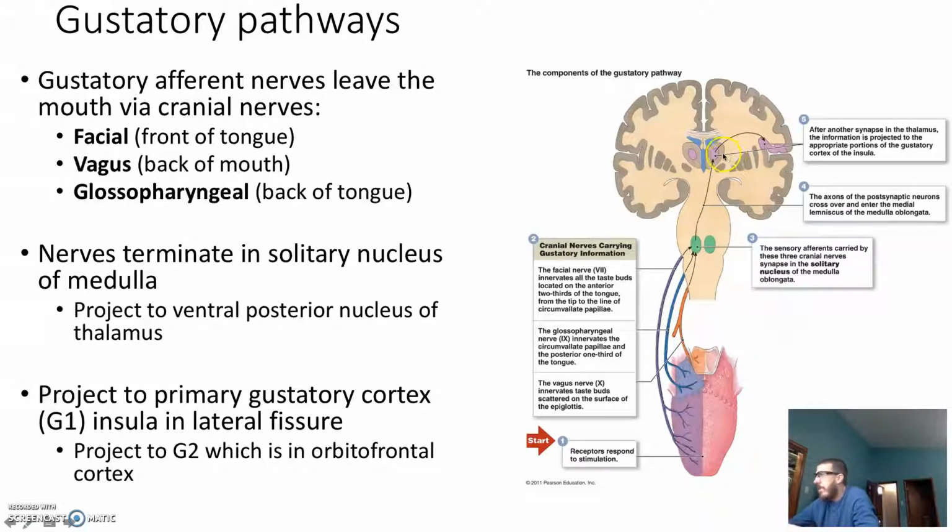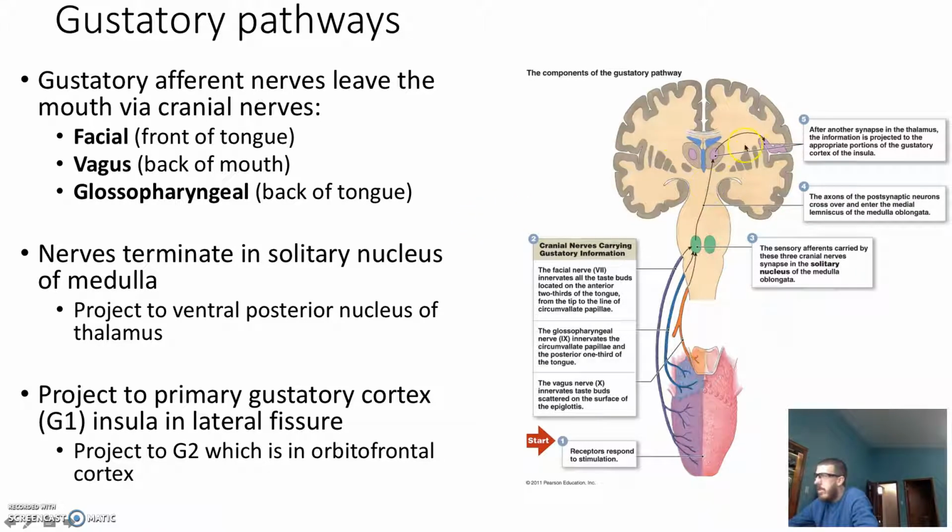And from the thalamus, they project into this top part of the lateral fissure here, which is part of the insula. So remember that we saw that the auditory cortex was on the lower half of the insula here, and our gustatory cortex is on the upper half of the insula.